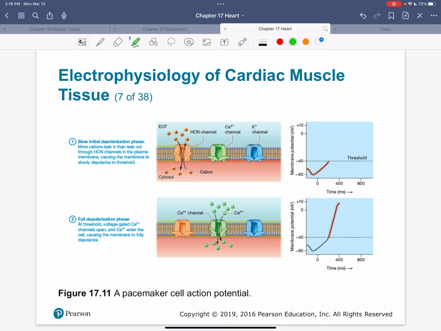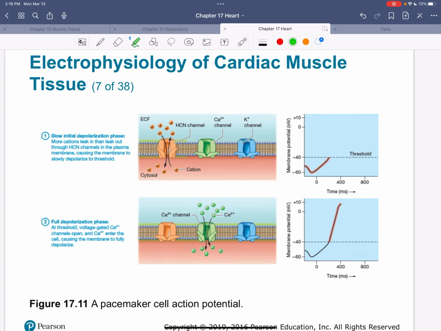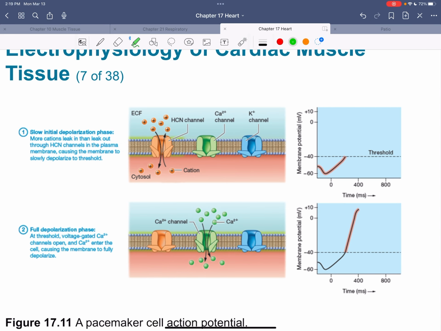Let's just take a few minutes and have a look at this diagrammatically. This is a great set of diagrams in your book, where I get slow initial depolarization. And you can see the non-specific channels. When I'm in a hyperpolarized state, they open and I start to get the exchange of ions.